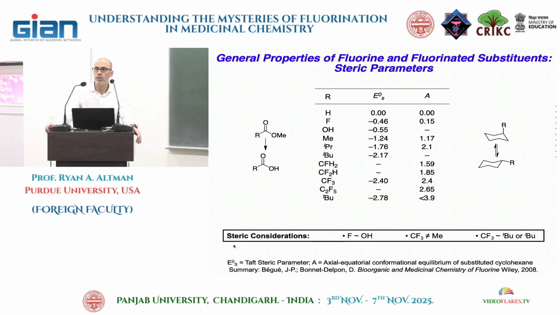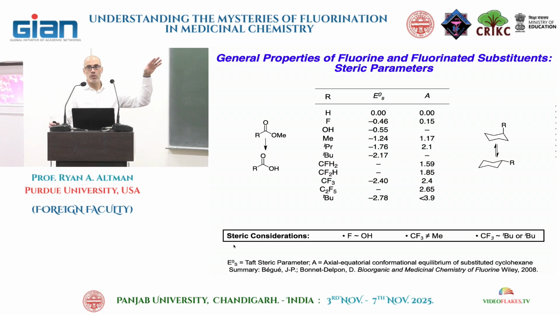Your Hansch parameters, that would be one set of parameters that you've seen for understanding the electronic properties of substituents in an aryl ring. Taft parameters differentiate steric and electronic properties. And here we're just looking at the Taft steric parameter and a series of substructures. You can see the R groups listed out there, H, F, OH, a variety of alkyl groups, and then some fluoroalkyl groups as we move down and down and down.